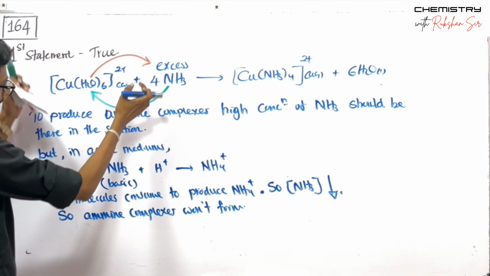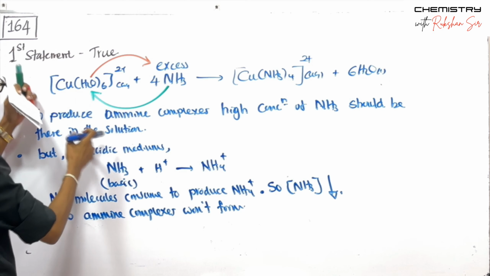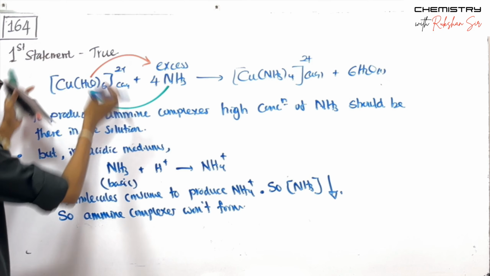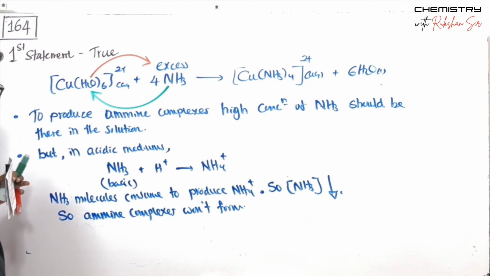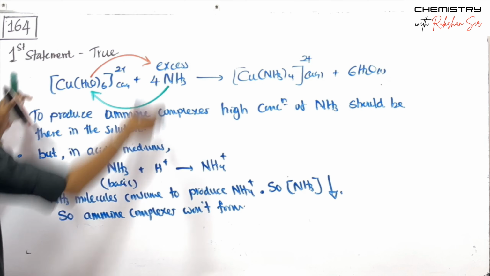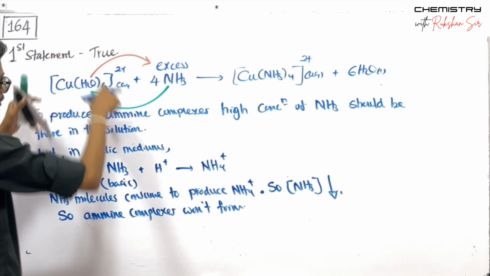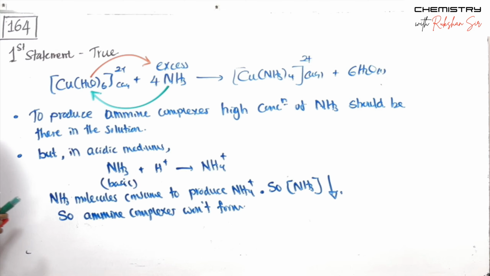That is how the NH3 is able to go inside the complex by removing the H2Os. But if the NH3 pressure drops around the complex, water molecules start to come inside, releasing the NH3 to outside. That's what happens when the NH3 concentration drops.